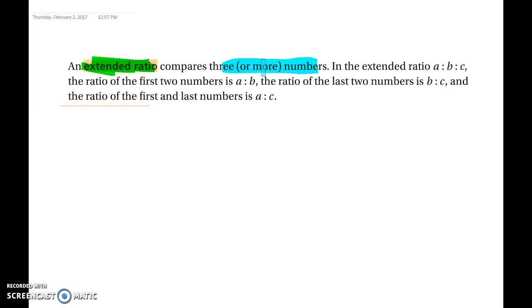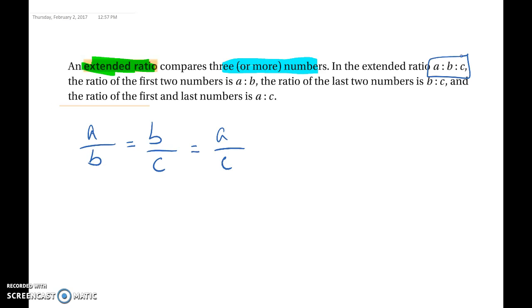So in this case, for an extended ratio A to B to C, the first ratio of the 2 numbers, A to B, is the same ratio as the last 2. So whatever A and B simplify to, A over B will be equal to B over C. And this will also be equal to A over C. So whatever combination of ratios we can create from A to B to C are all equal.